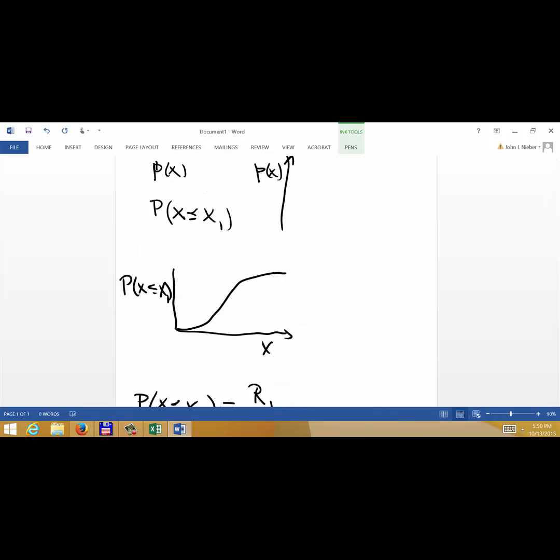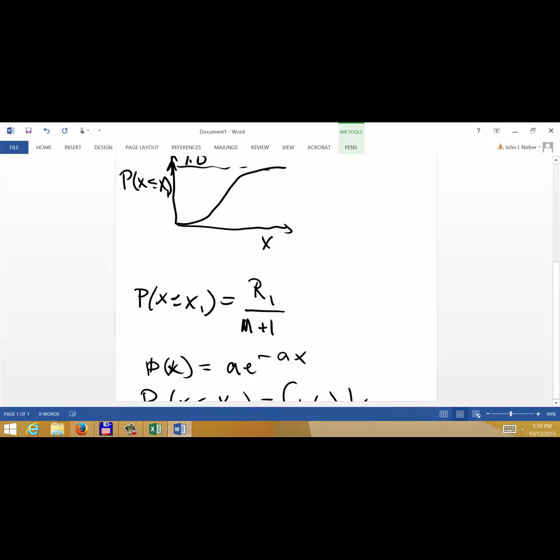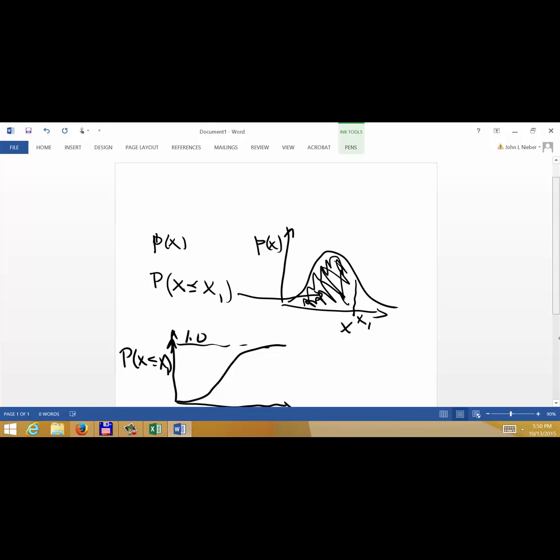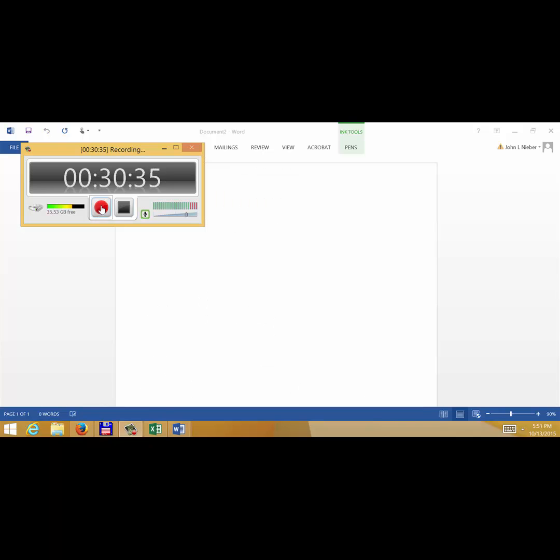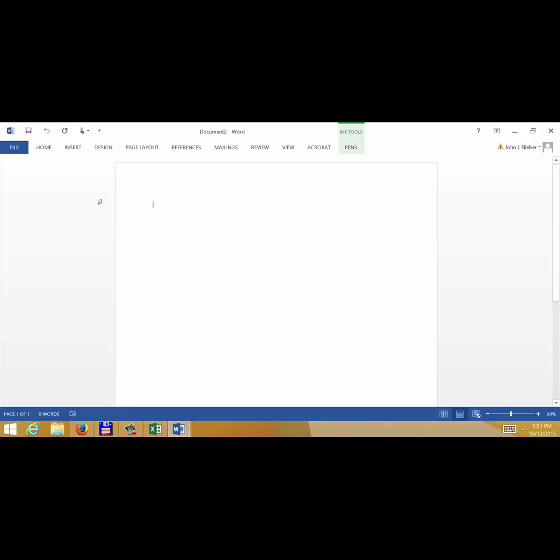Now, the probability that x is less than or equal to x1 is equal to the integral from 0 to x1 of a e to the minus ax dx, which is just going to be equal to 1 minus e to the minus a x1.